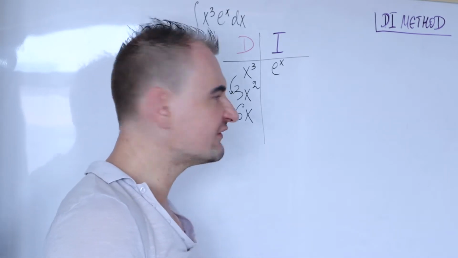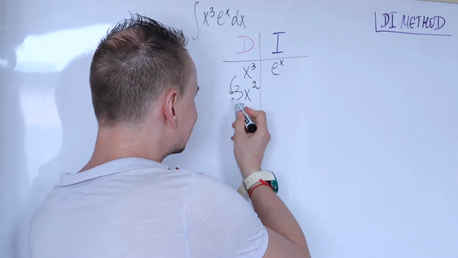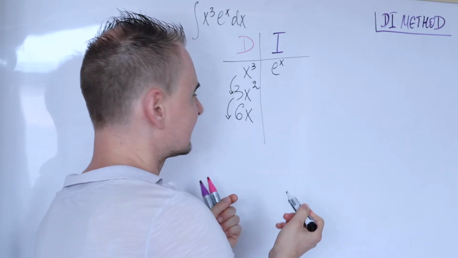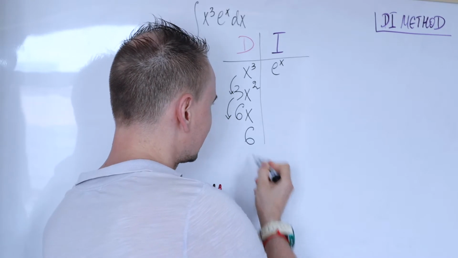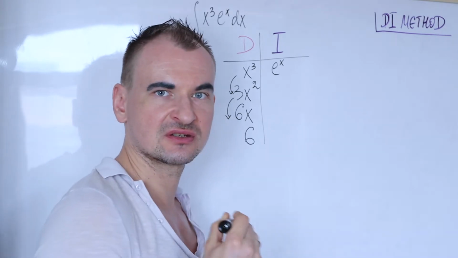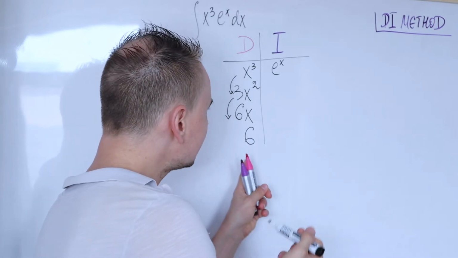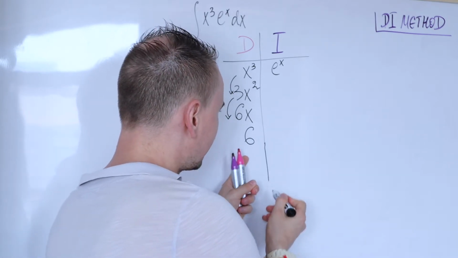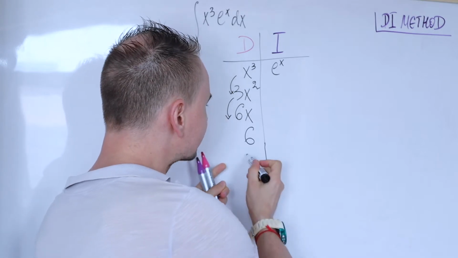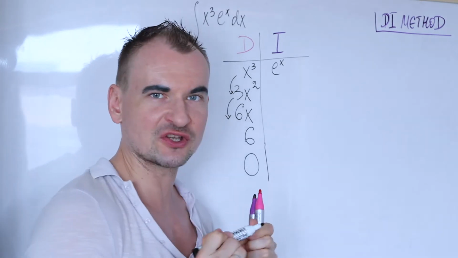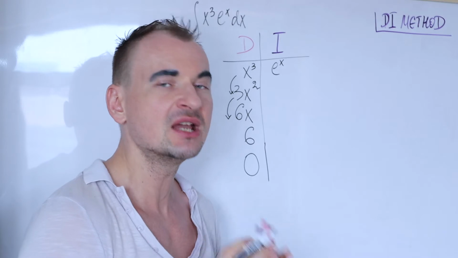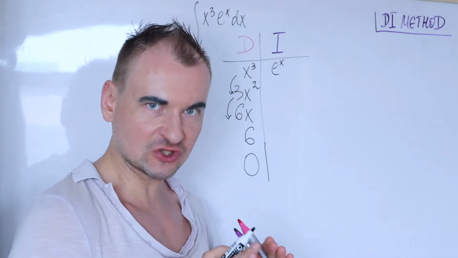Next step, the derivative of 6x is just 6. So x drops out. And finally, the last step, thankfully, the derivative of 6 is just 0, since 6 is a constant. Done. Stop now.